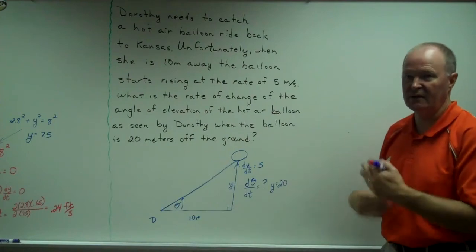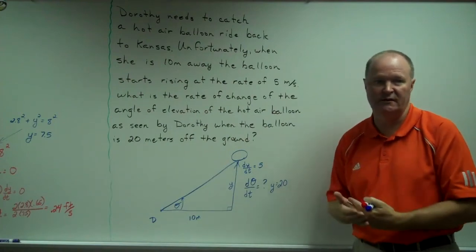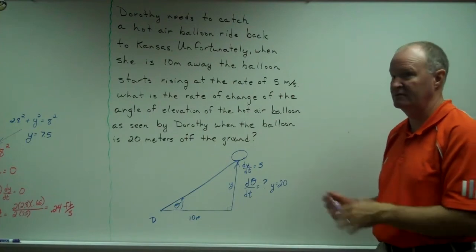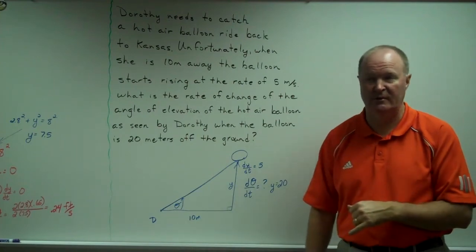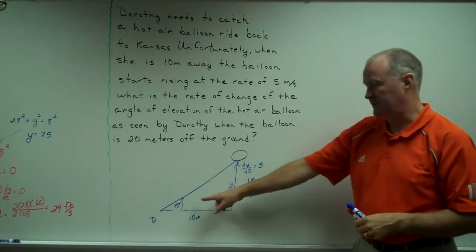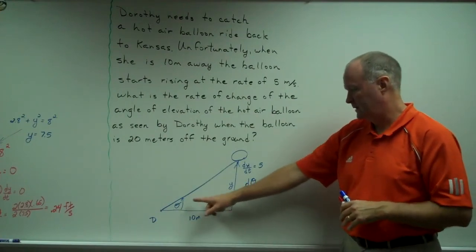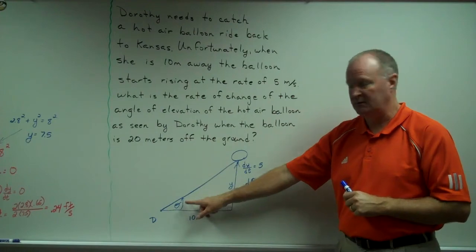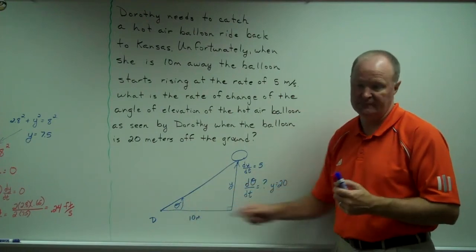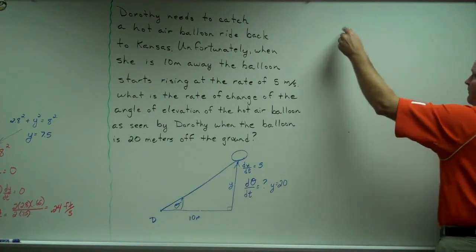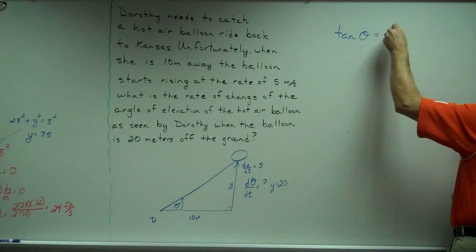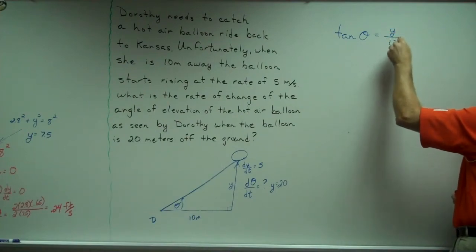Since we're looking for an angle, you're going to have to use right triangle trig, SOHCAHTOA stuff, to end up with your answers. You can use your gold sheet if you can't remember that stuff, but hopefully we should. So if I look at what I've got, focused in on the angle, I know the opposite side and I know the adjacent side. So my relationship is just that.